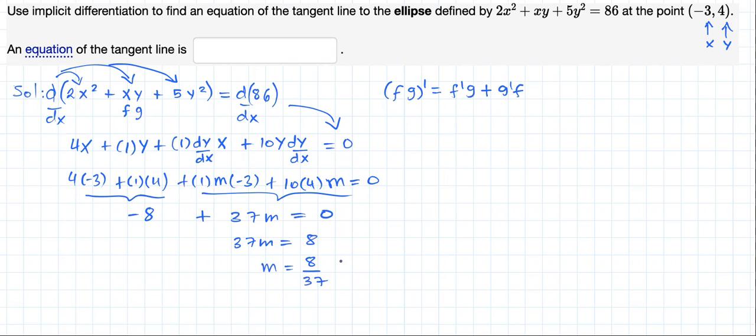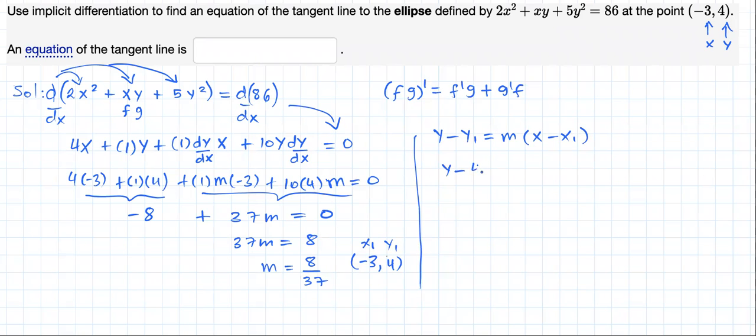Now, we have a point here, (-3, 4). So with the slope and the point, we can find the equation of the tangent line. For that, I'm going to use the point-slope form with x1 = -3 and y1 = 4. So y minus y1, 4, equals slope 8 over 37 times x minus -3.